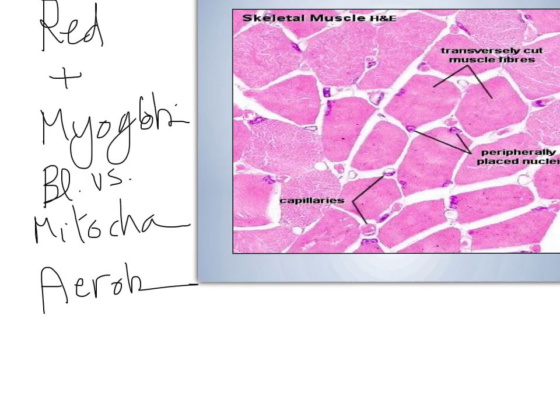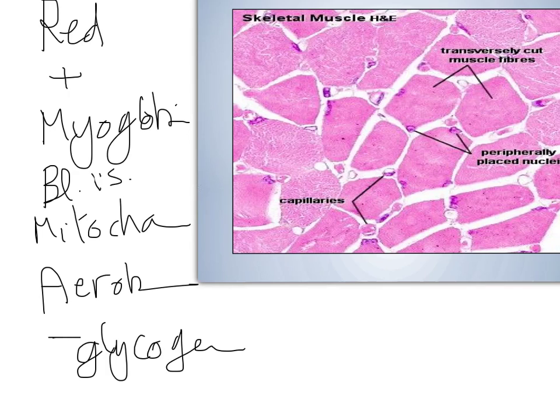On the other side, they are relatively poor in glycogen, which is the material used in anaerobic respiration. So the red fibers are characterized by being rich in blood vessels, myoglobin, and mitochondria, and poor in glycogen.